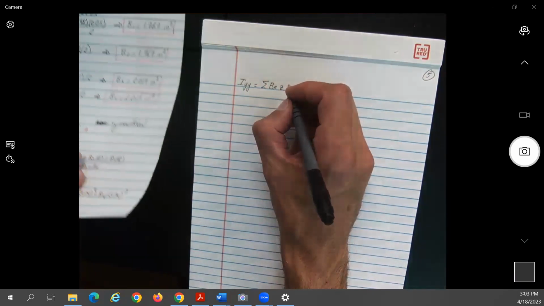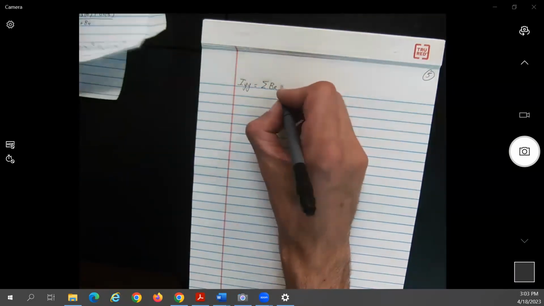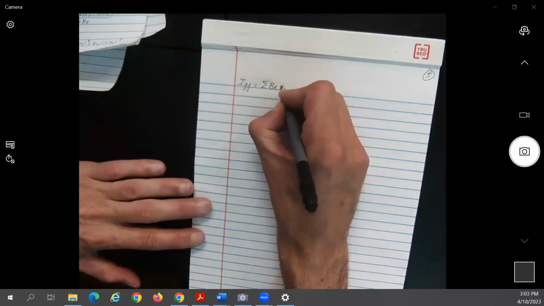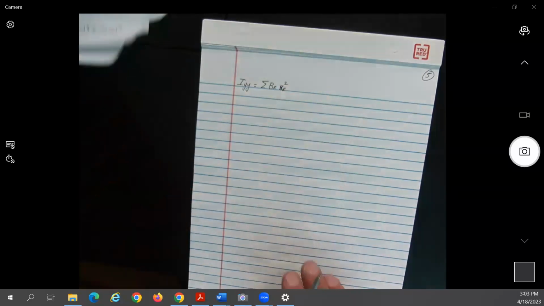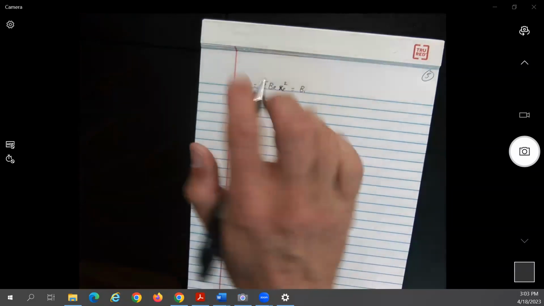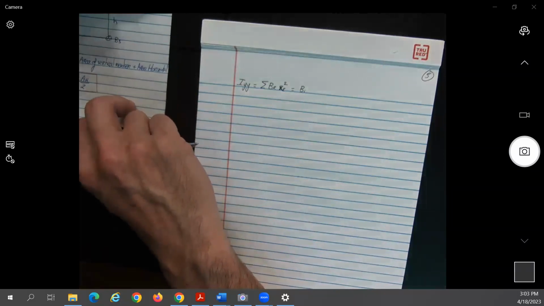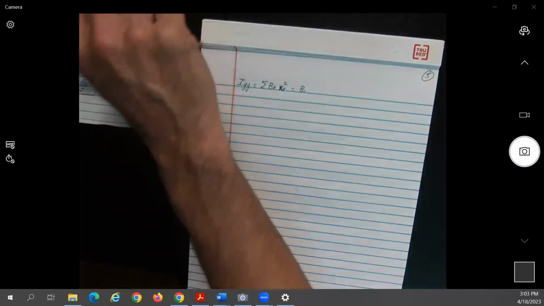X and Y. So X, no? Do we use X and Y? So it should be the X sub R squared. So what do we have? B1 times, I think it's 24, no? For what you just said.